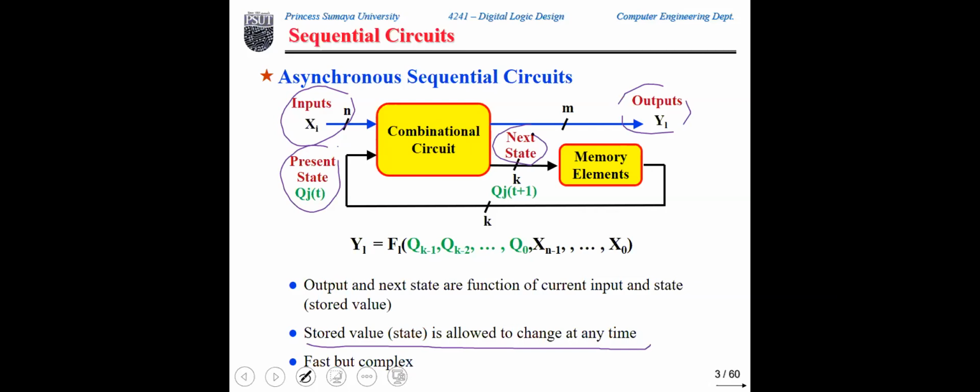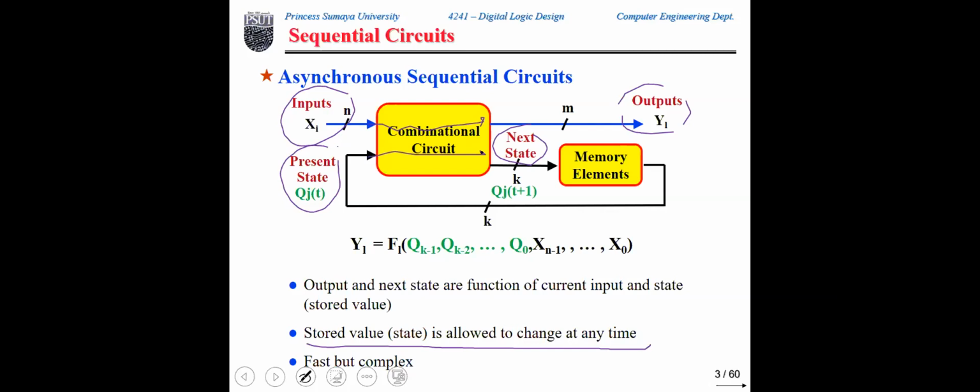However, practically, there is some delay for the inputs to go from here to here. There is some delay. However, you cannot forbid the input from changing the output. As soon as the input changes, the output is allowed to change.